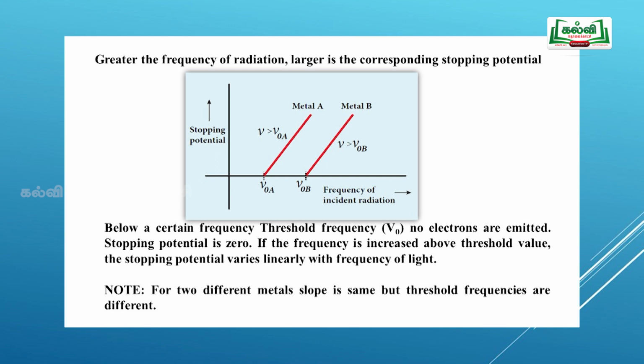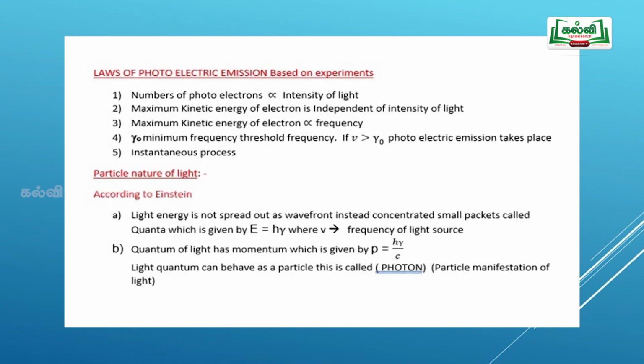If the frequency is increased above the threshold value, the stopping potential varies linearly with the frequency of light. In the graph for two different metals, they have different threshold frequencies, but the slope is the same. They are parallel lines. From these graphs, we can come to the conclusion of the laws of photoelectric emission, which you have already learnt.